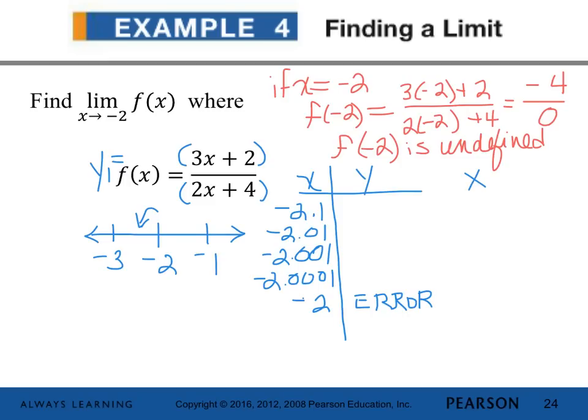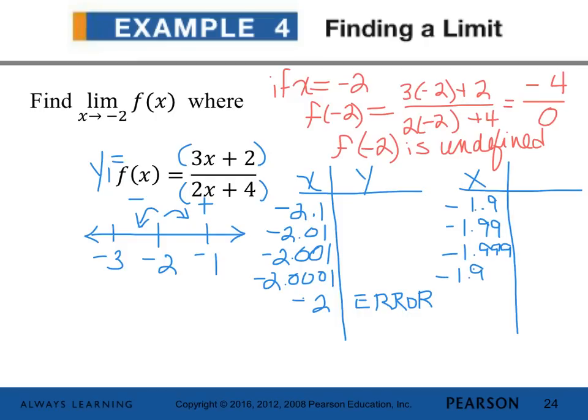And then we're going to also approach from the positive side of -2, which is going to put us between -2 and -1. So we're going to begin at -1.9, and then go to -1.99, -1.999, and -1.9999.